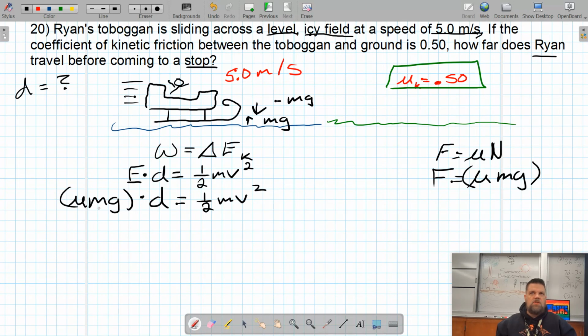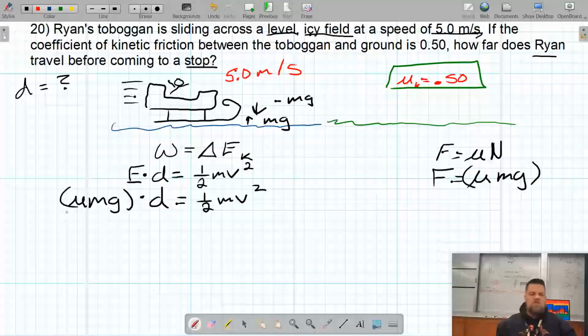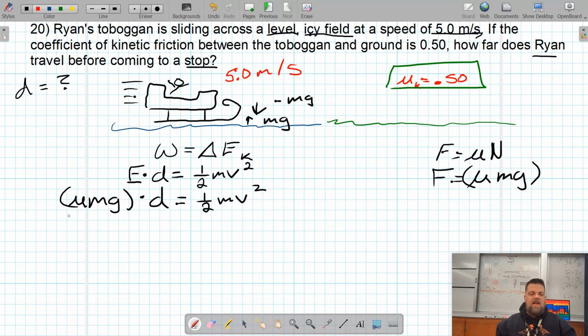The frictional force is what slows it down, so that works. But I think I can just divide both sides by this. And then what happens is that the m's cancel. Everything over here cancels, but over here, the m's cancel.